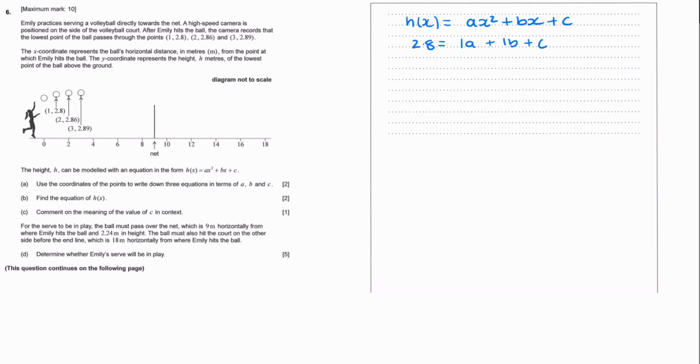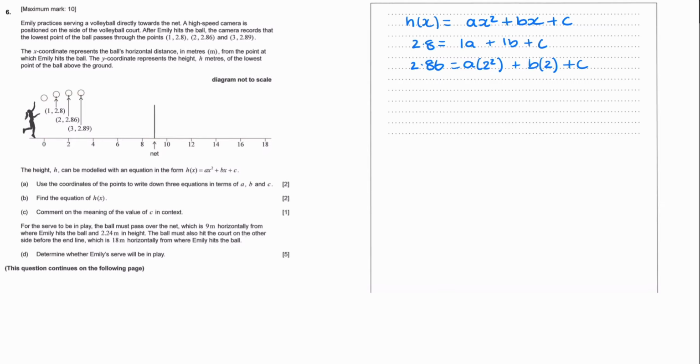And then we have the next coordinate, and here the y value is 2.86, so it's gone slightly higher, and the x coordinate is 2. So we now have a lots of 2 squared, plus b lots of 2 plus c.